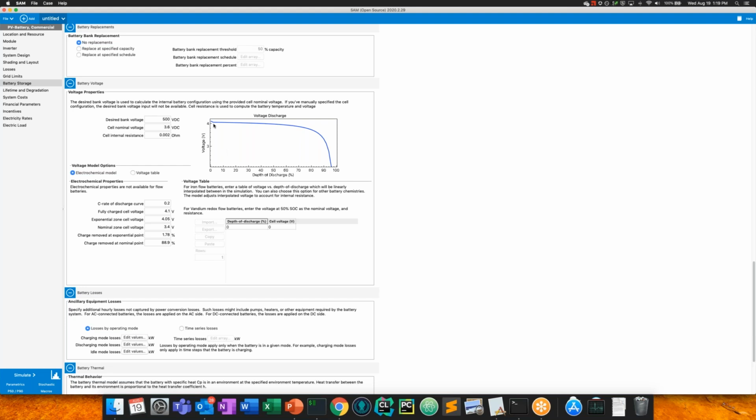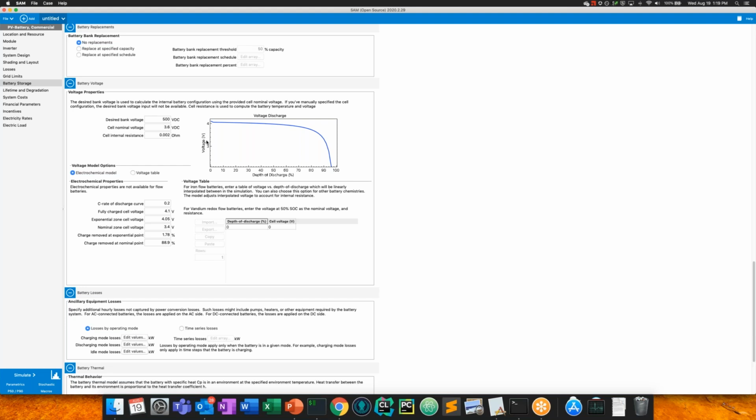The first is this exponential zone, which is towards a 0 depth of discharge. When the battery is full, we see a sharp increase in the voltage. The second zone is this nominal zone, where the decrease in voltage is nearly linear. And finally, we have this steep reciprocal zone, where the voltage drops off really quickly.